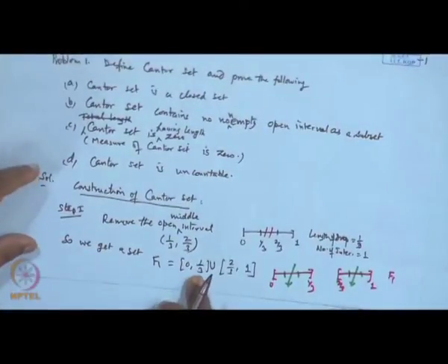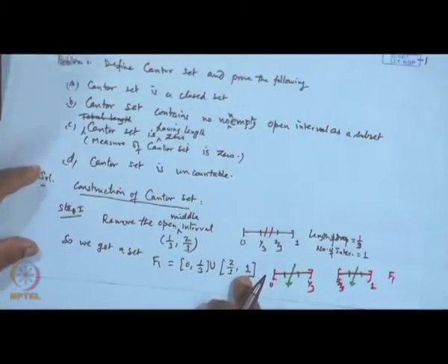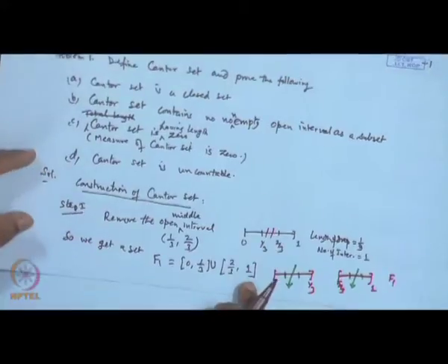When you choose F1, the length is 1/3 plus 1/3, that is 2 by 3.